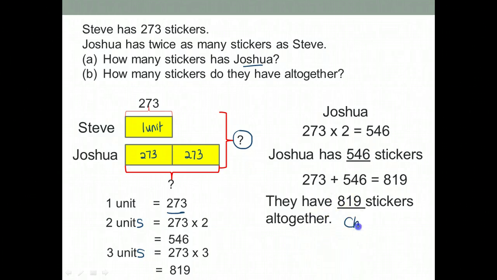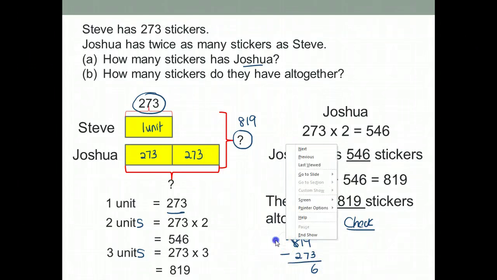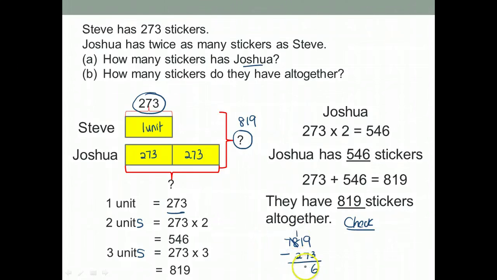How do we check that our answer is correct? I know that I can take 819 minus off Steve. If I minus off Steve, which is 273, I would have 546.